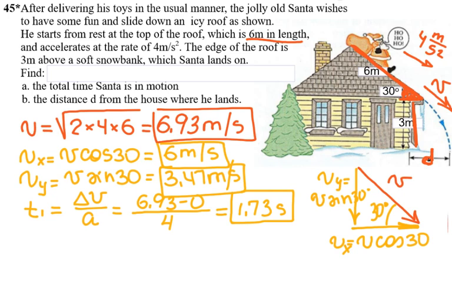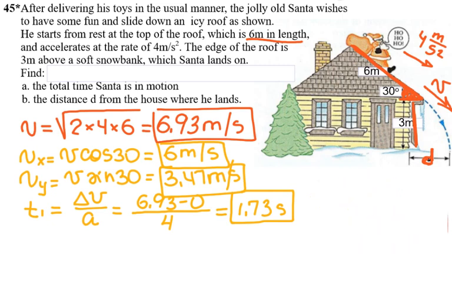Now I have to look at the rest of the path a little bit differently. So I'm going to erase this and make it a little bit smaller. Here is the roof and here is the house. This velocity is 6.93. I have the horizontal component, I have the vertical component, and the angle is 30 degrees. We just calculated that one.